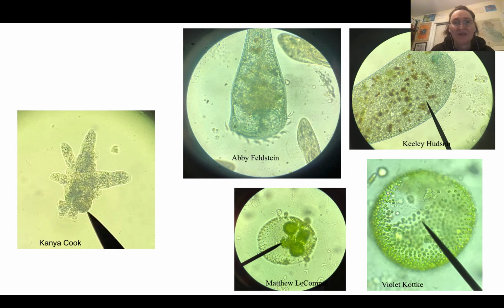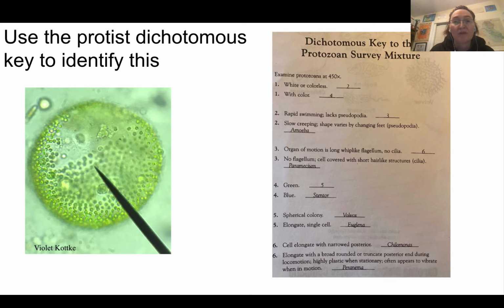In addition to honing microscope technique, another skill we practiced with this exploration was using a dichotomous key. So we're just going to walk through using that key for this image. On the right, I have a picture of it. You should have it in your notebook, the dichotomous key. If you don't, you either need to print one or get one from me if I still have any.